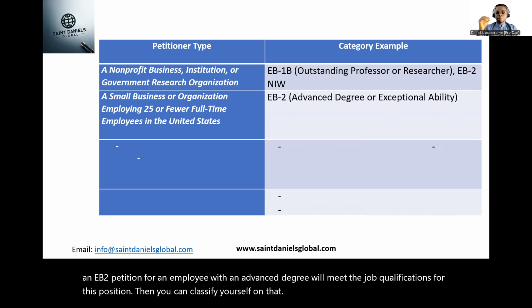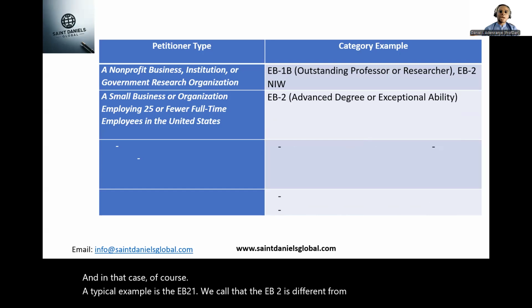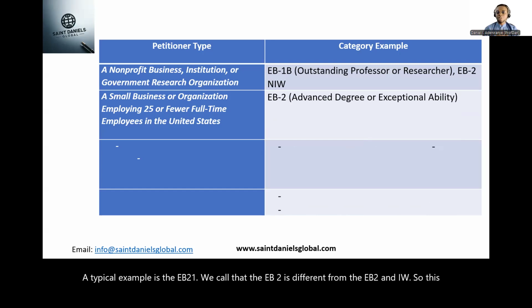And in that case, of course, a typical example is the EB-2. Recall that the EB-2 is different from the EB-2 NIW. So this is not for self-petitioners.